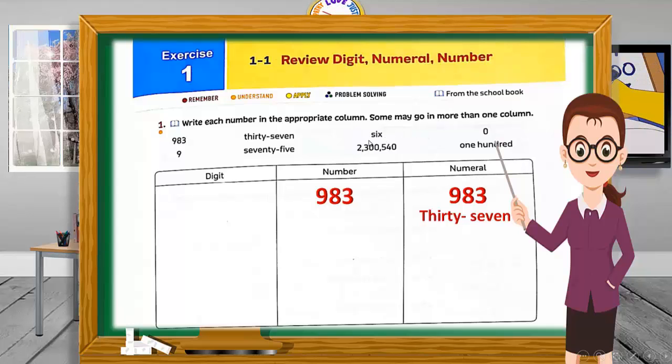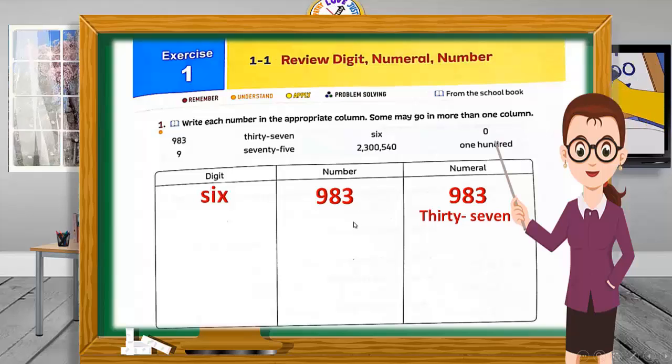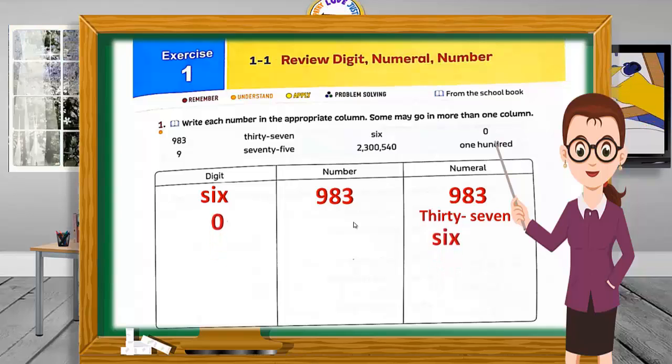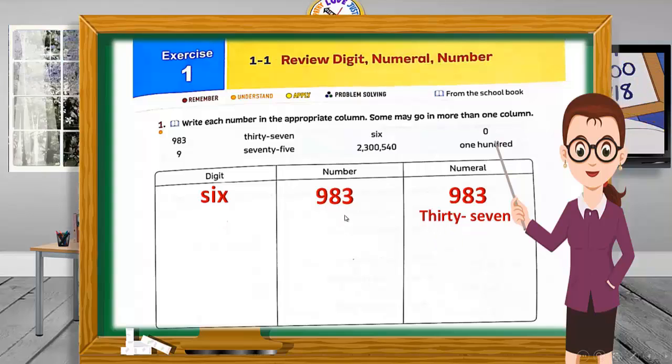Next one, 6. Is 6 a digit? Yes, 6 is a digit because 6 is a single number or a single symbol. So we can put digit 6 here in this column. Next, is 6 a number? Yes, 6 is a number. And is 6 a number in word form?